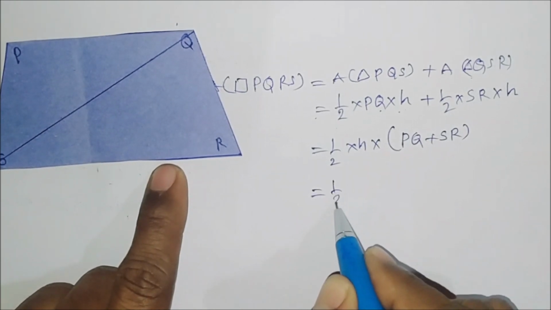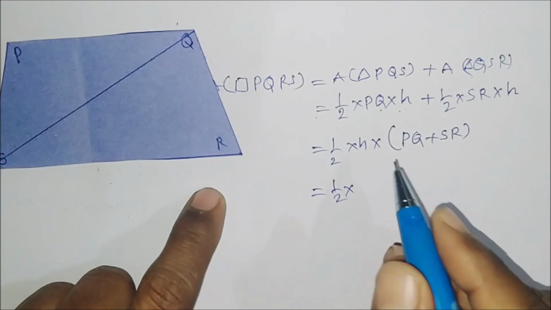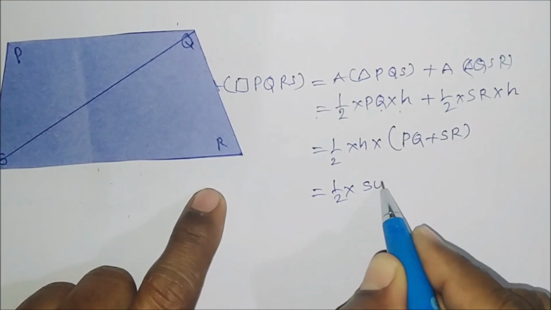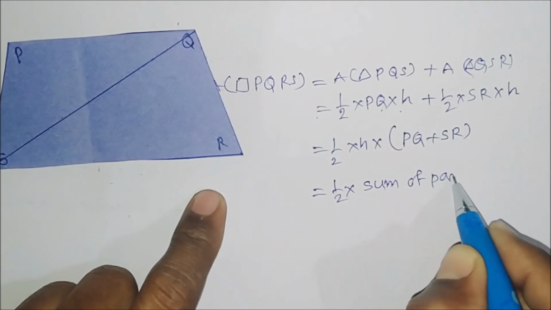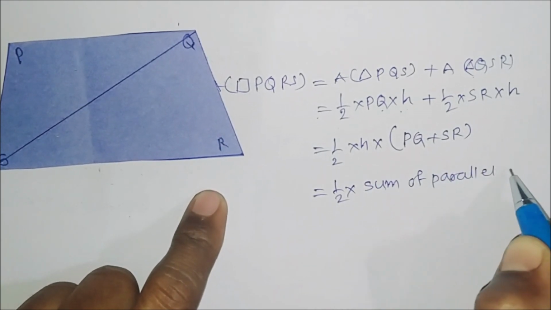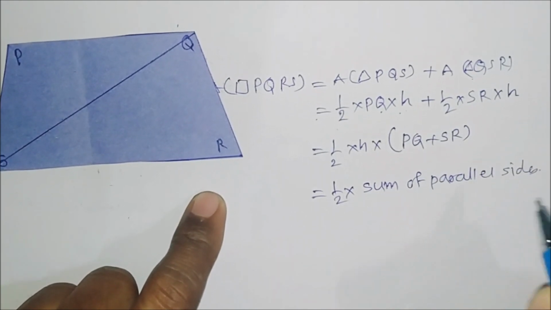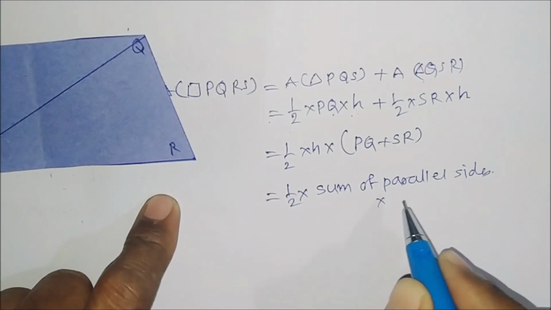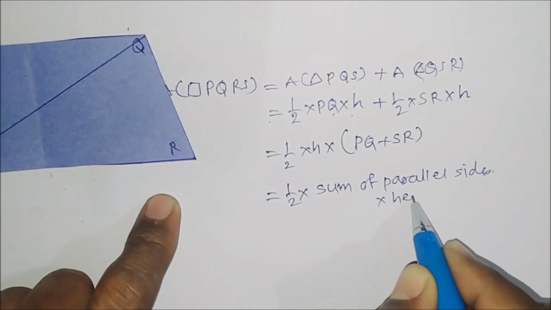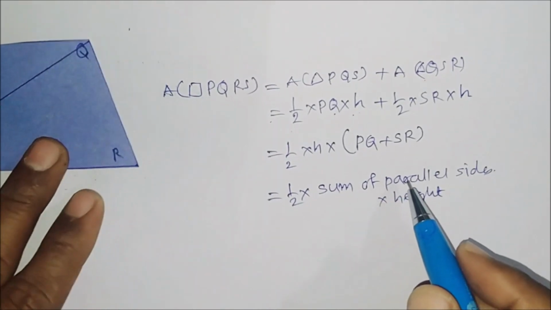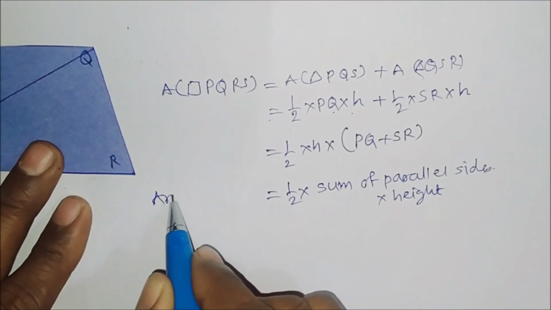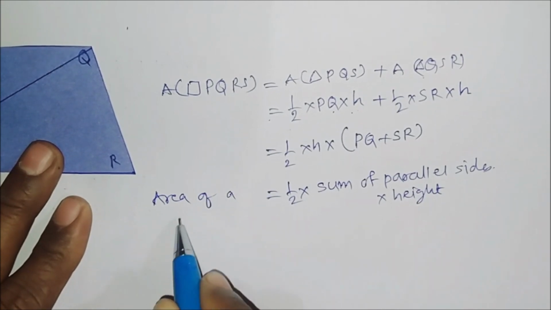So 1/2 into sum of parallel sides and into height. So this is the formula for area of a trapezium.